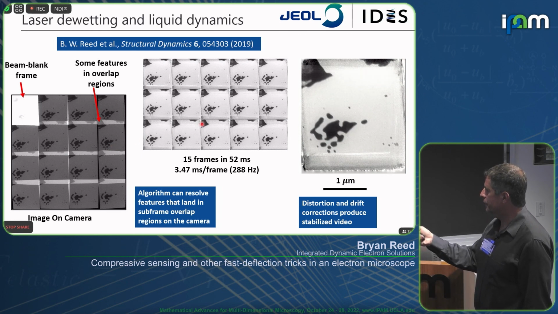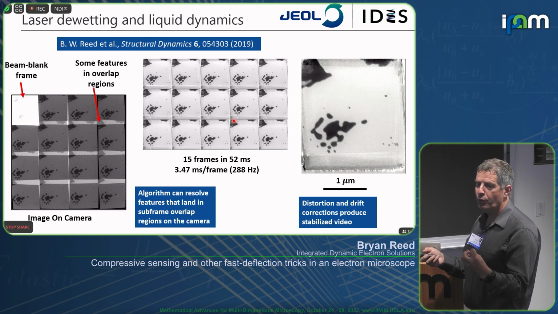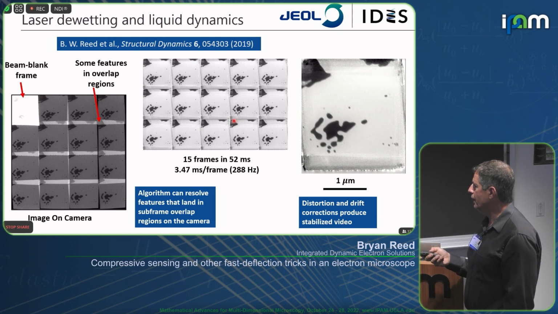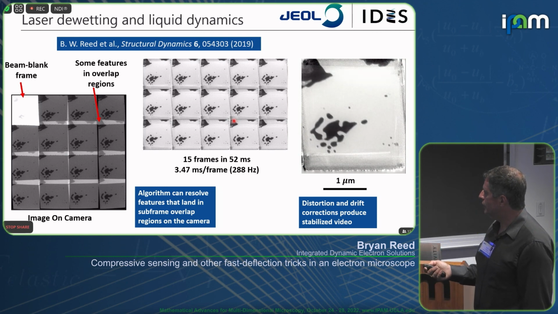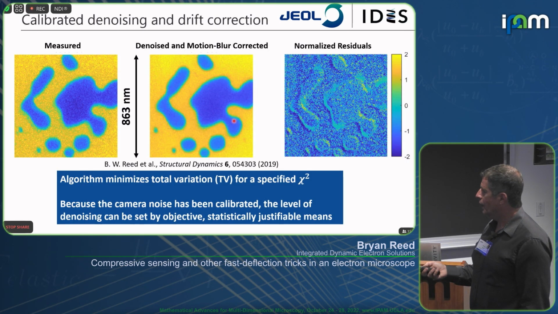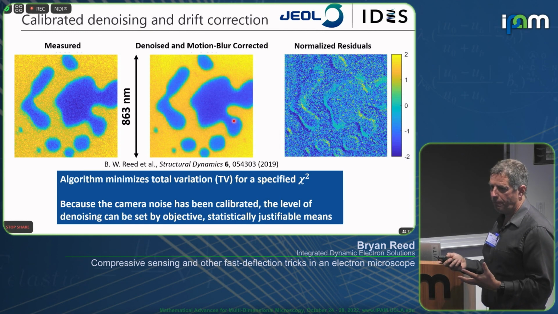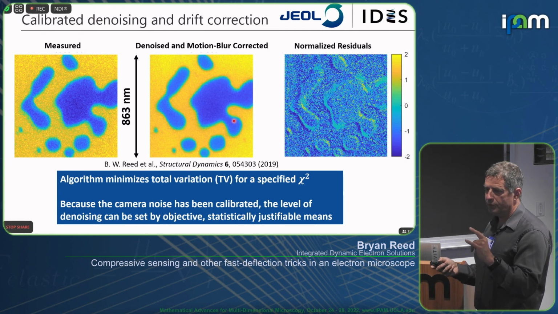So yeah. This is 15 frames of pulse laser melting and de-wetting of nano gold, and so I did drift correction and denoising and overlap resolution on this one. And the denoising is kind of interesting. I'm just doing total variation denoising, but it's 3-dimensional total variation denoising.